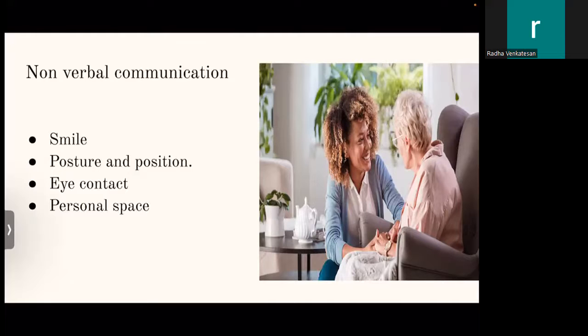If you are standing and the patient is sitting, that gives a hierarchical role, which is not very good. So either way, being at a higher level or a lower level doesn't help in these situations. So same level. If the person is sitting, you also kneel down or pull up a chair and sit, so that both are at the same level.